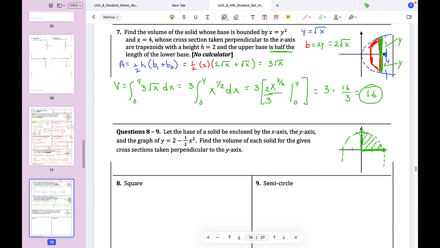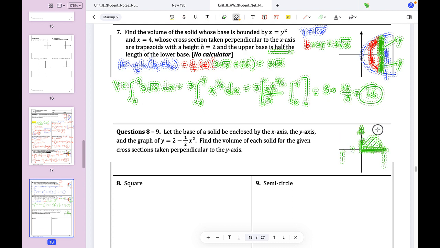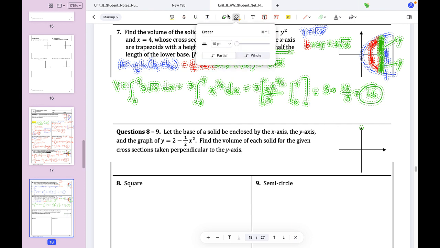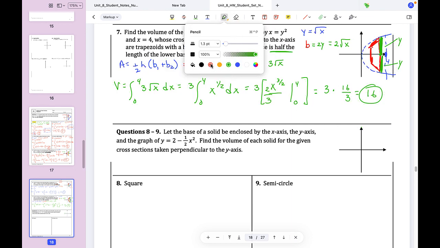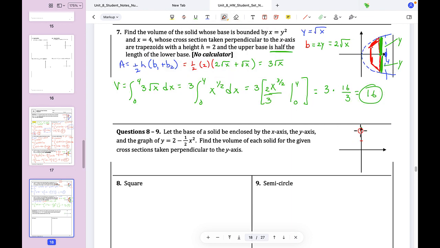If I included this, then the y-axis would not be containing it. Okay, that's good. That's what I was a little unclear about. I had to think about that a minute. So we have that parabola, but we're only looking at this little quarter right there.